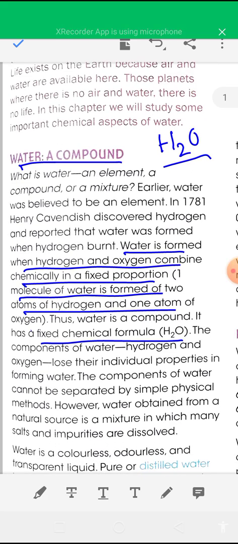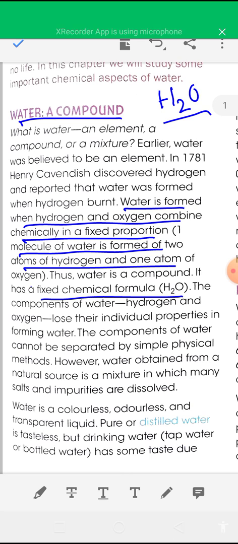Okay, and the properties of water are different from the properties of its constituent elements. That is, the properties of water are different from the properties of hydrogen and oxygen. Hydrogen and oxygen are constituent elements of water.